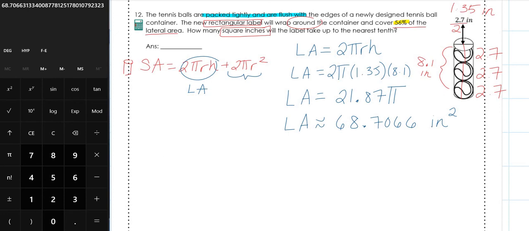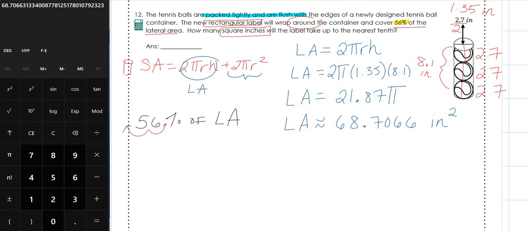I only want 56%. So the way that you're going to do 56% of the lateral area is you're going to multiply. You can't have 56% in your calculator. You have to write it down as a decimal. So the way that you turn a percentage into a decimal is you take where the decimal currently is, which is right here, and you move it to the left twice. 1, 2.